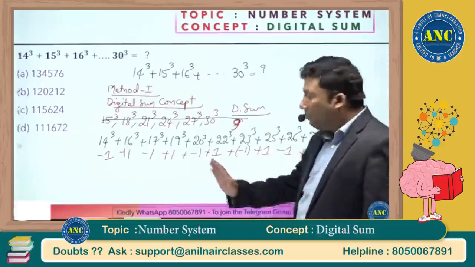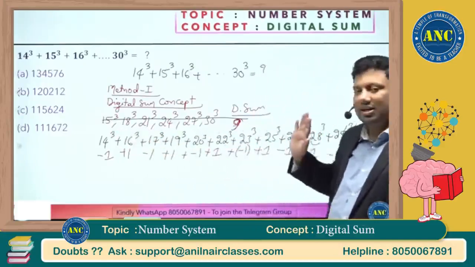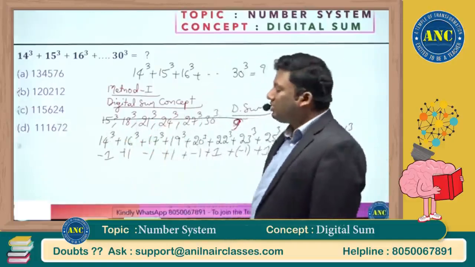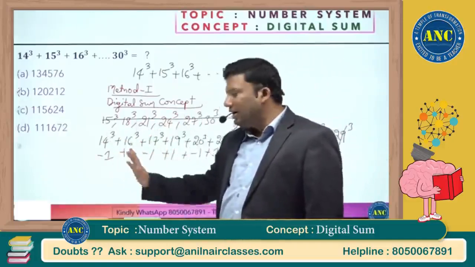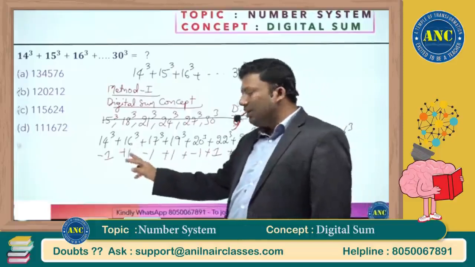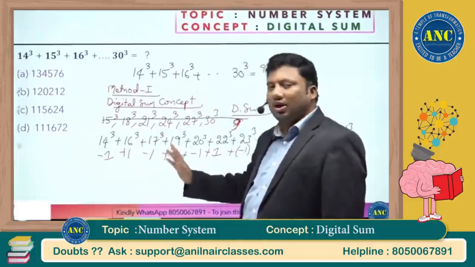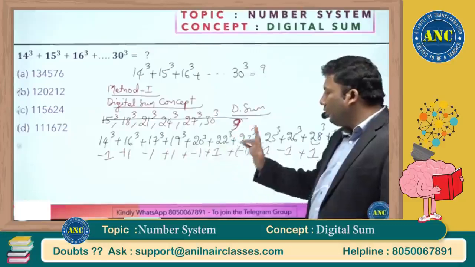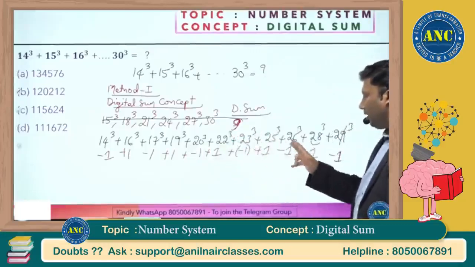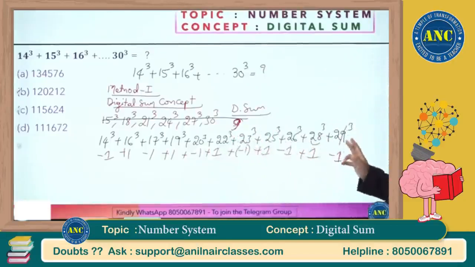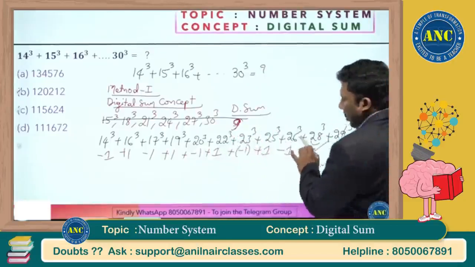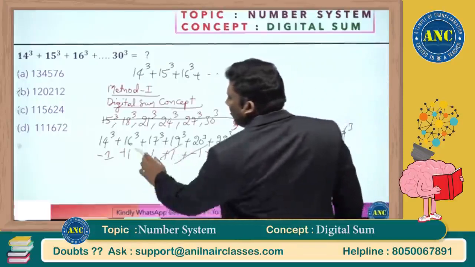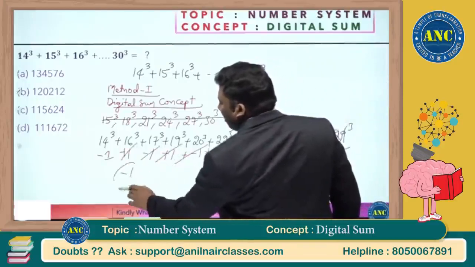Again, I am repeating, I am finding the digital sum of this series. 14: 1 plus 4 is 5, 5 cube is 125, digital sum 8, minus 1. 16: 7 cube 343, plus 1. 17: 8 cube 512, minus 1. 19 and 20: 1 cube is 1, 2 cube is minus 1. 22: 4 cube is 1. 23: 5 cube is minus 1. 25: 7 cube is 1. 26: 8 cube is minus 1. So it is minus 1 plus 1, minus 1 plus 1, and so on. The negative remainder is minus 1.